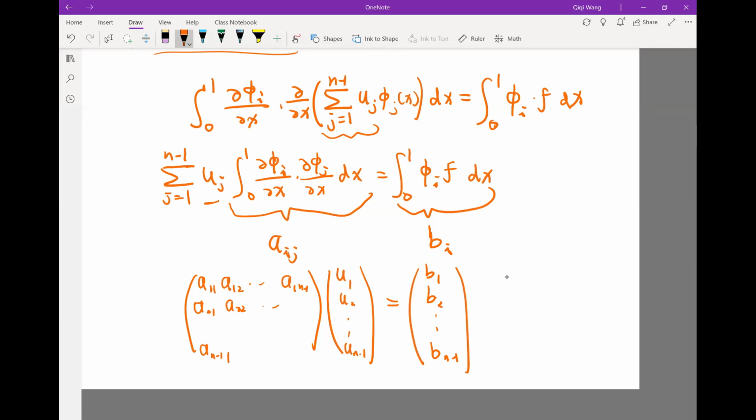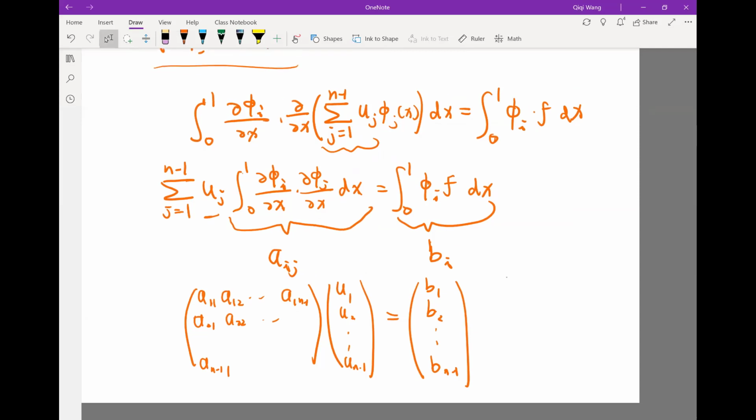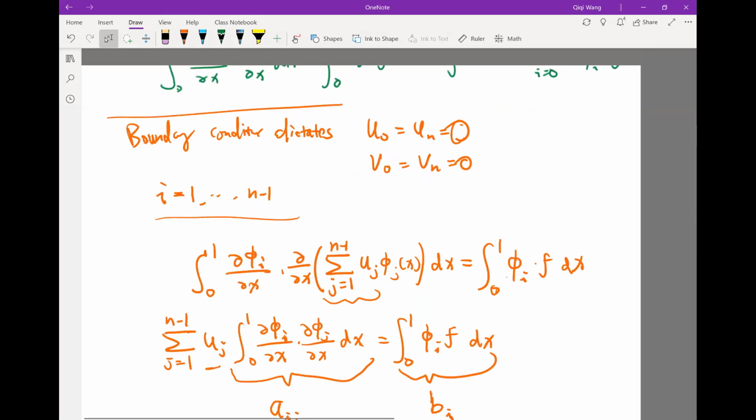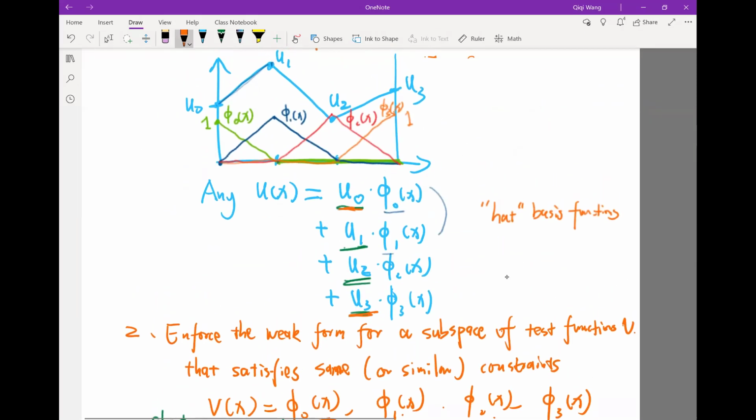So if I can solve the linear system, we get u1, u2 to u(n-1), the linear combination coefficients of the known basis functions, the hat functions. And we can recover what the solution to the differential equation is.